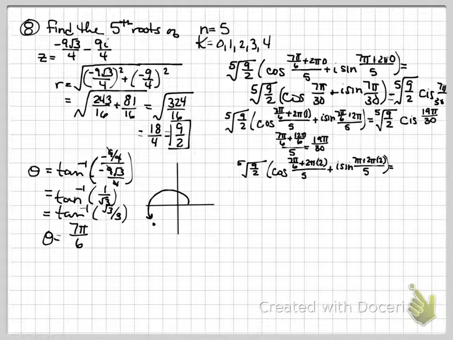Alright, same thing this time. It's going to be 7 pi over 6, but instead of 12 over 6, it's now going to be 24 over 6, because 2 times 2 is 4, divided by 5. 7 and 24 is 31 pi over 30. So now we're going to have that 5th root of 9 halves CIS of 31 pi over 30.